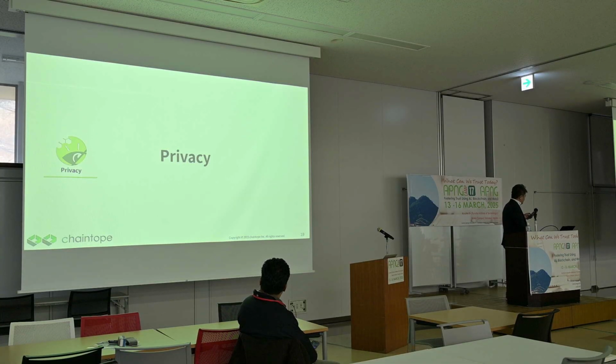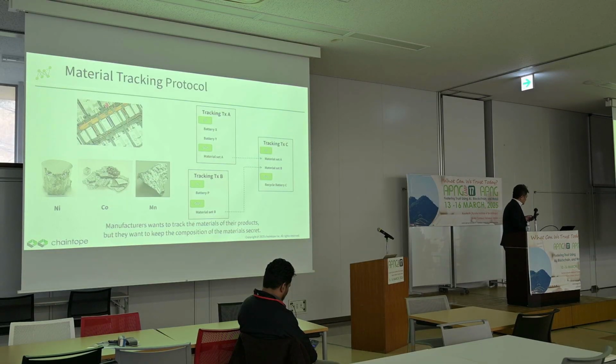Okay, let us lastly consider the privacy issues. Supply chain traceability sometimes requires confidentiality. For example, the traceability of battery recycling with materials. Here are 3 transactions.